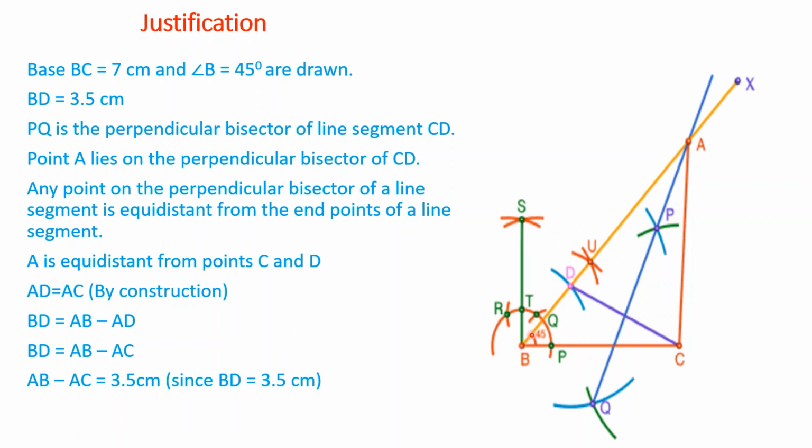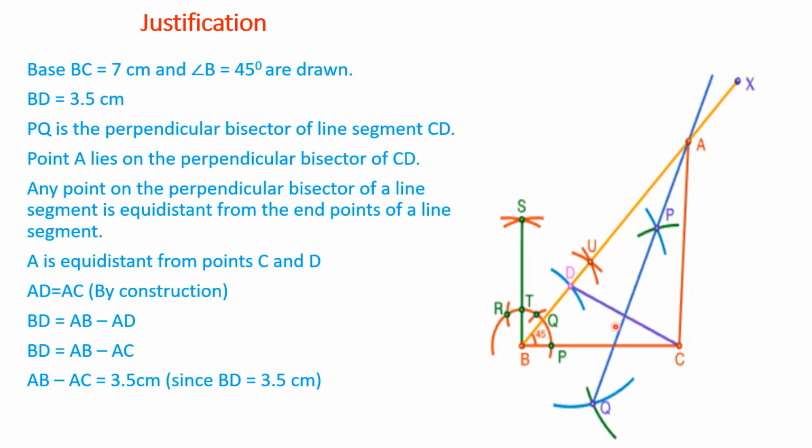Now after taking 3.5 cm, we have joined CD. After joining CD, we have drawn a perpendicular bisector of CD. The perpendicular bisector of CD is PQ. What is a perpendicular bisector?